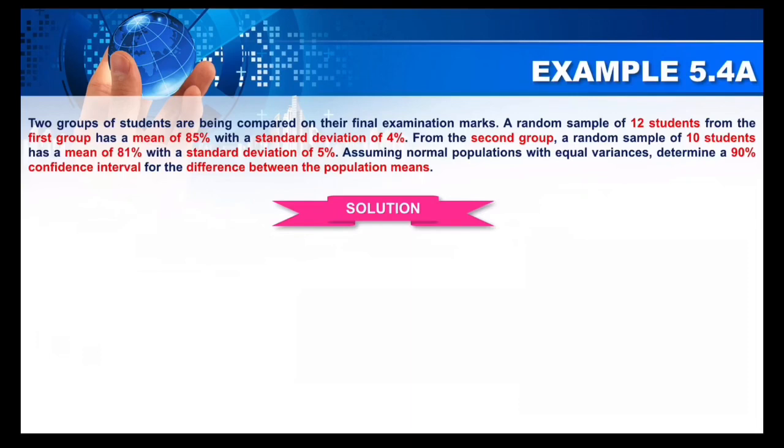Alright, last example, example 5.4a. Two groups of students are being compared on their final exam marks. You will have 2 samples. A random sample of 12 students from the first group has a mean 35% with standard deviation 4%. From the second group, 10 students, mean 81%, standard deviation 5%.